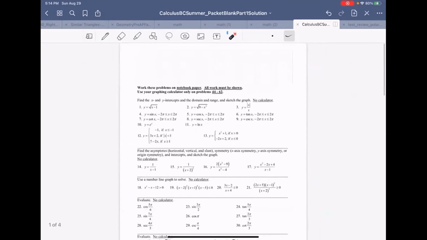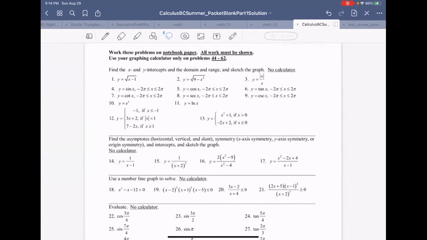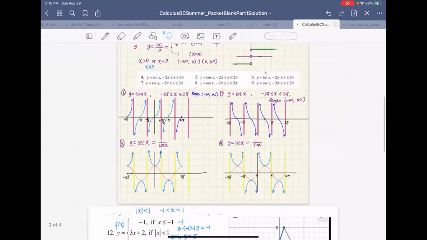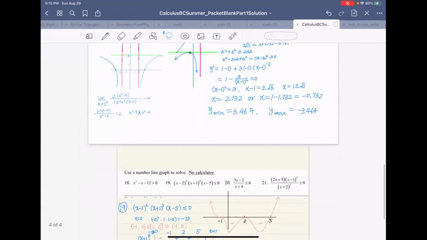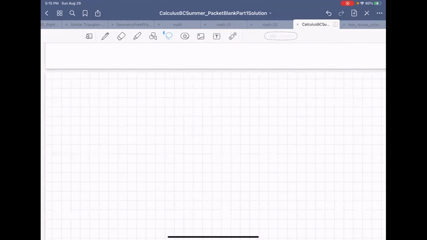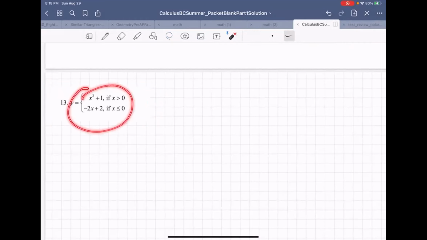Let's see, number 12, number 13. Let's draw number 13. Let's see number 13.